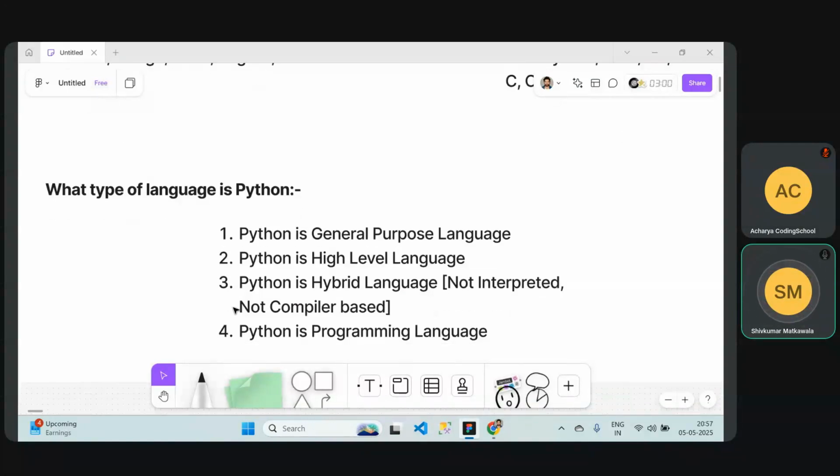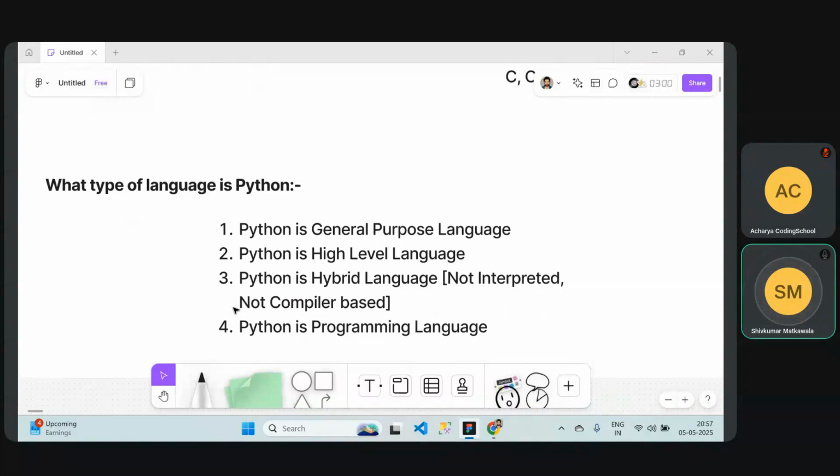For example, there are general purpose languages, special purpose languages, high level languages, mid level languages, low level languages. There are hybrid languages, compiler based languages, interpreter based languages. So what type of language is Python then?